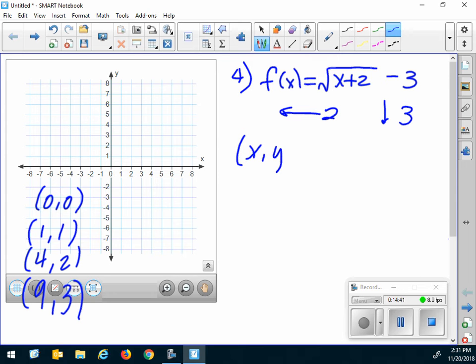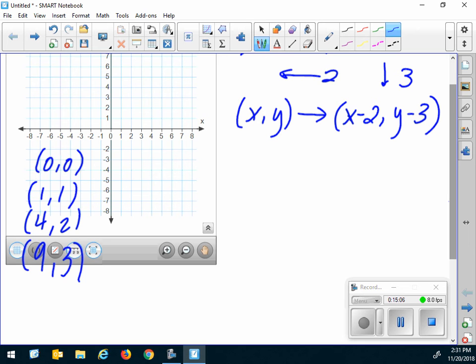Now, x, y, every point on our parent graph is going to go through what process? When you move left 2, that means taking the x value and subtracting 2. Good. And y minus 3, yep. And that's an x.